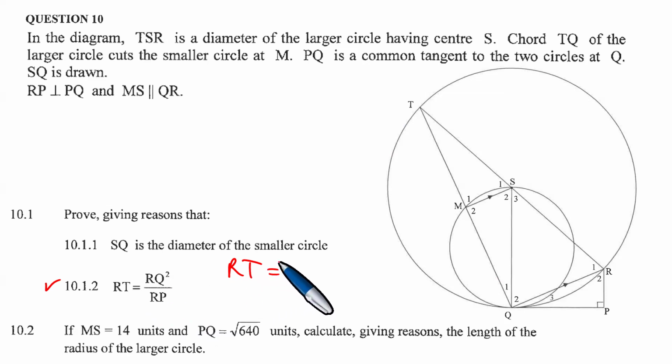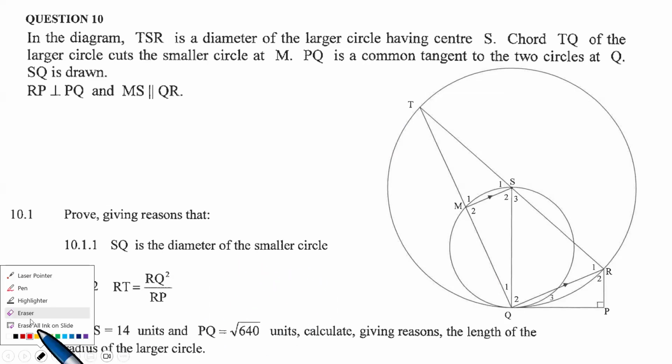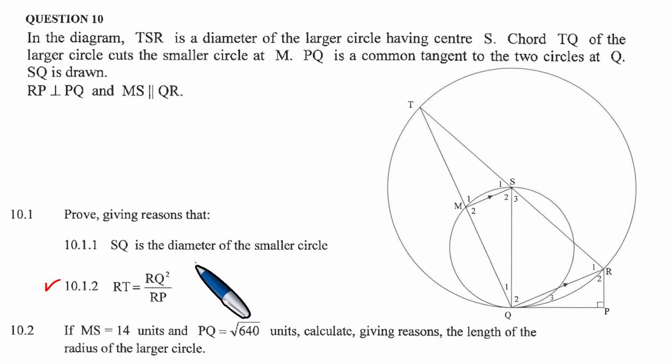We can look at these as RT is equal to RQ squared, which you can write as RQ times RQ over RP. I need to break these down because to prove these things in geometry, you need to be in a position to find the triangles in which to prove similarity.